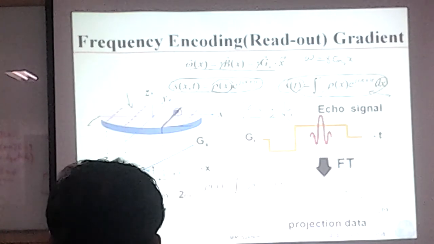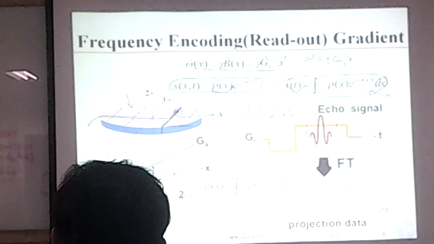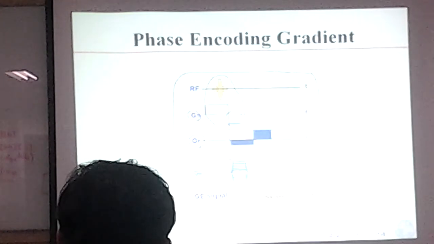Because this echo signal has the space information only in the x direction, we have to resolve the space information in the y direction using the phase encoding direction.